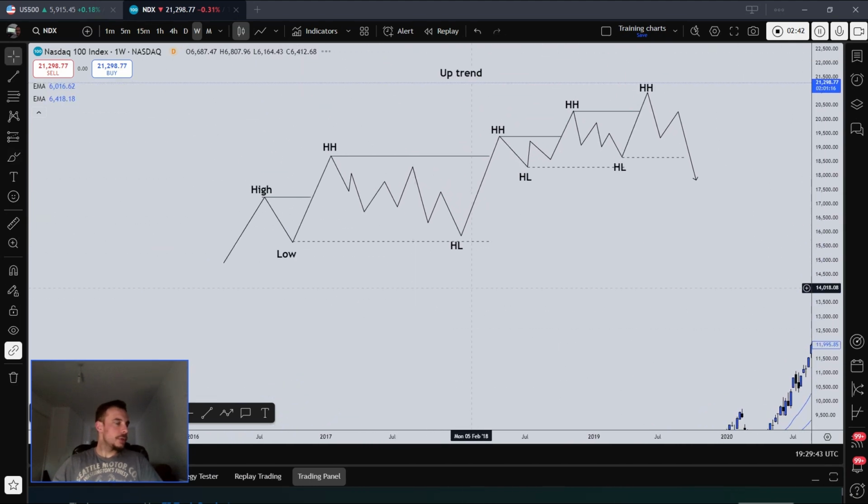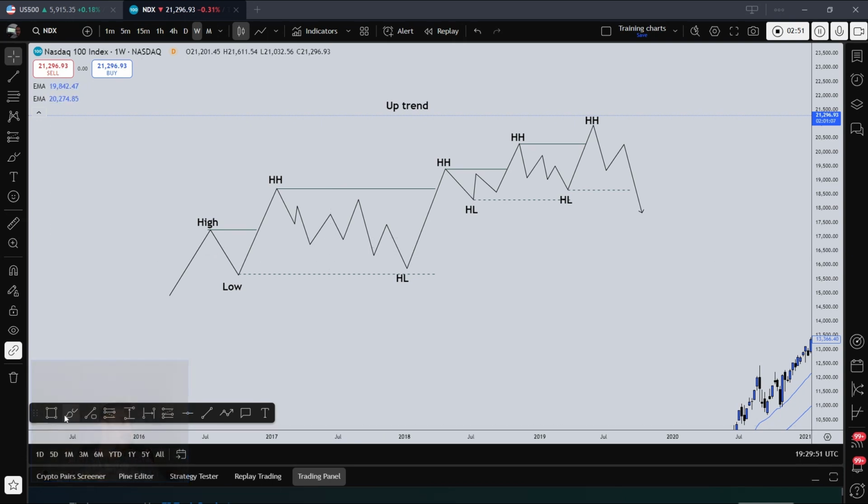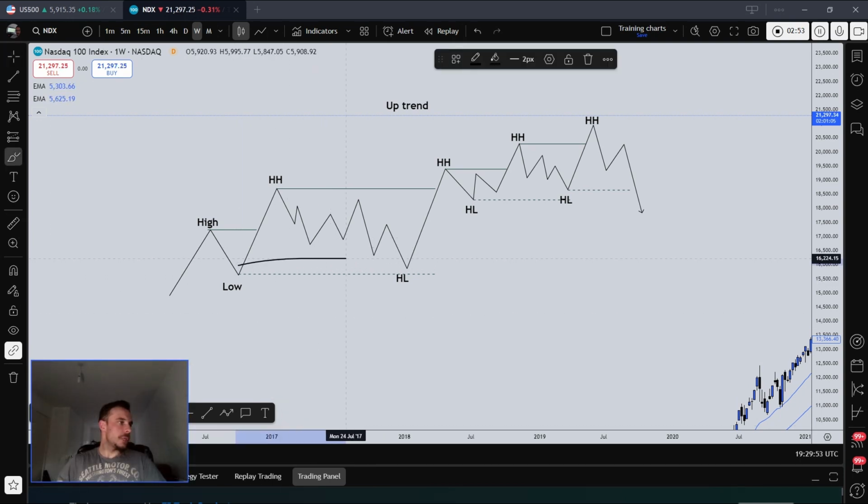So if we go here on the uptrend, this is more or less how the markets react in live markets, give or take. As you can see, until this low is broken, after this high is formed, we assume that the market is still going to go on an uptrend.